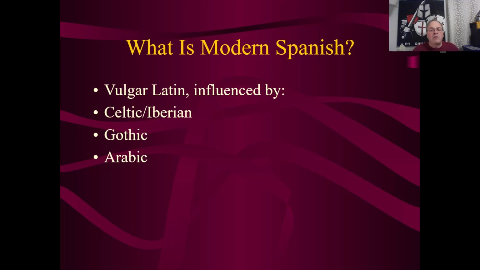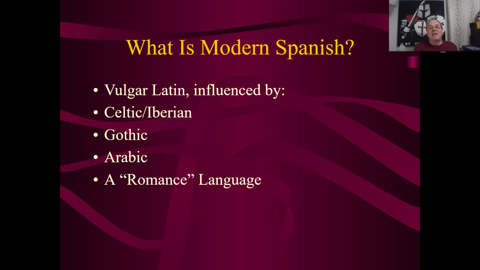And Arabic, that was spoken by the Arabic-speaking Moors. Just for review, the Visigoths left several hundred word roots in modern Spanish. They were there from the 400 to 500s until 711. The Arabic-speaking Moors were there from 711 until 1492. They left around 5,000 words from Arabic in modern Spanish.